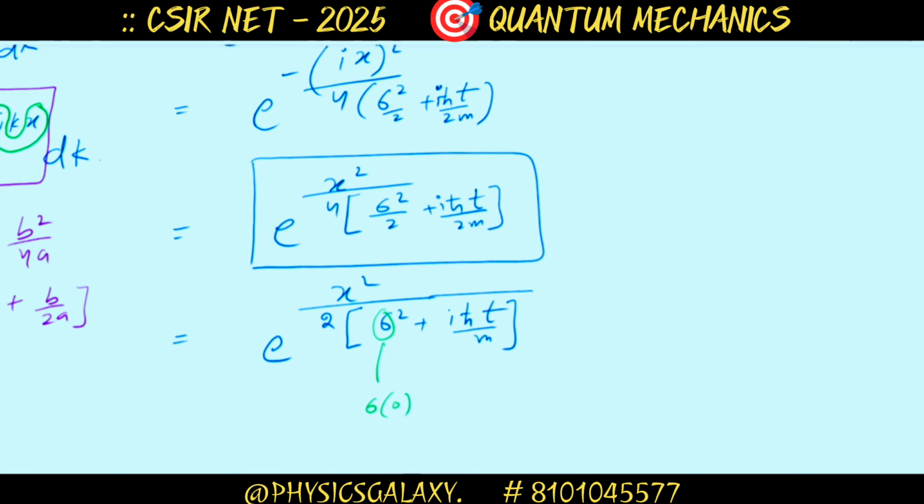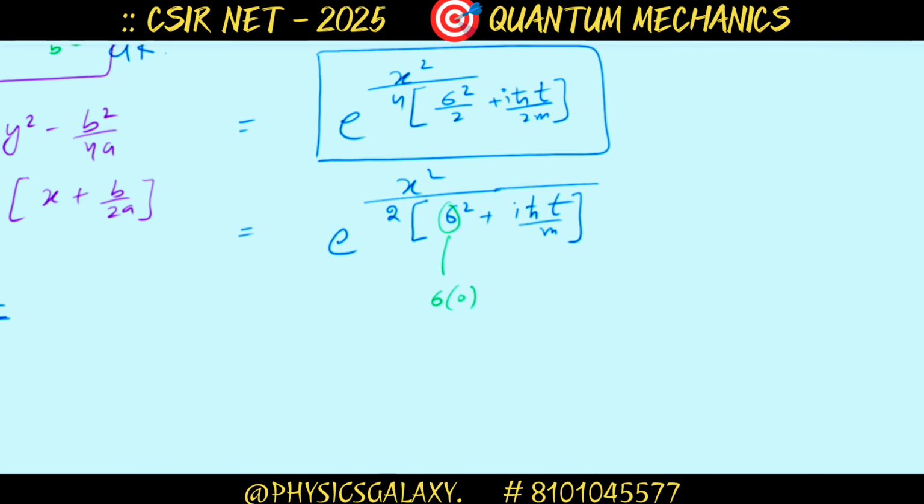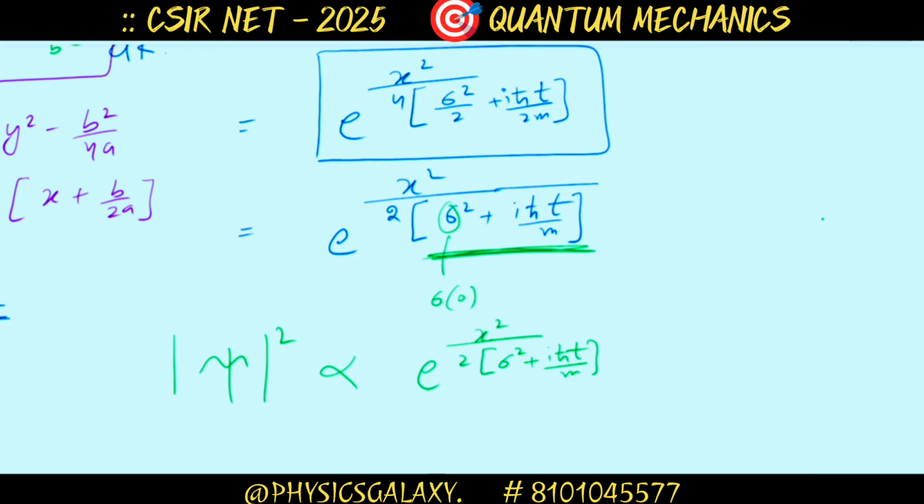Now we need to square the function, because ultimately we have to find probability, the mod square. That means e to the power x square by 2 sigma square plus iota h cut t by m, multiplied by its conjugate, x square by 2 sigma square minus iota h cut t by m.